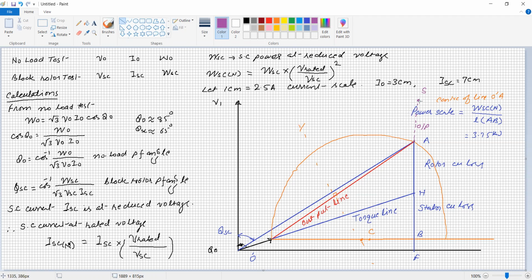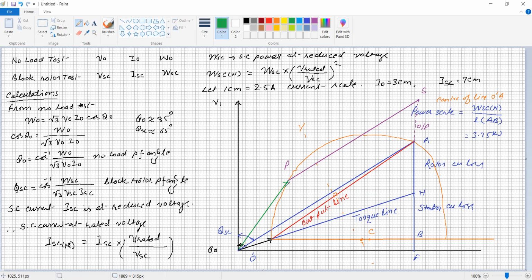This is your output line, which starts from S, and draw the parallel line to the output line in the proper way. Whatever this line intersects over the circle, definitely it will intersect on two sides. But the intersection point here is known as point P. And if you join this point to the origin, this will indicate the full load current.